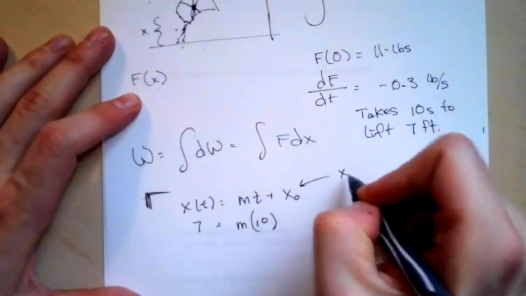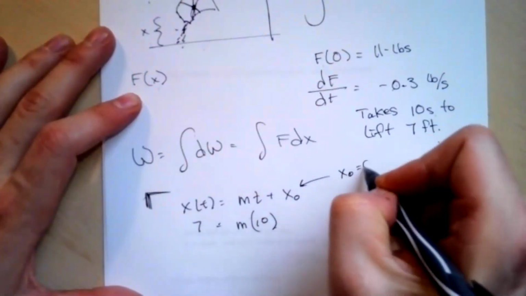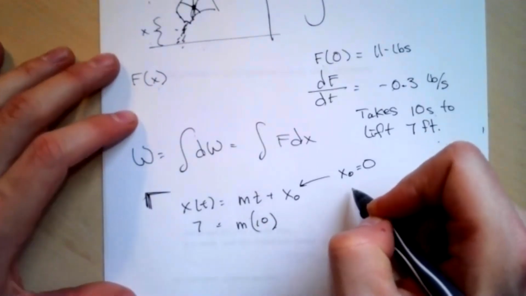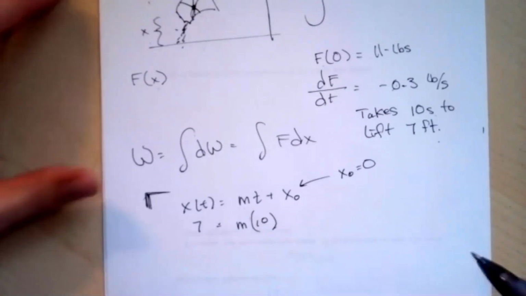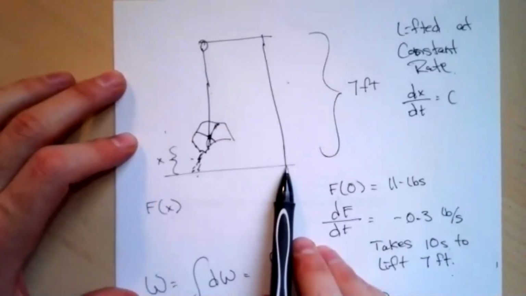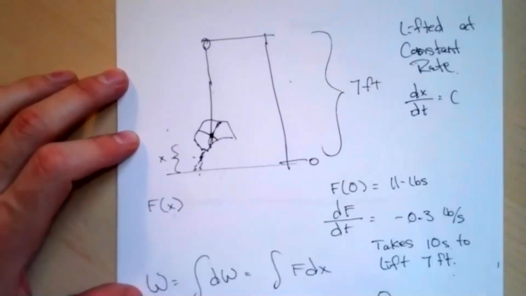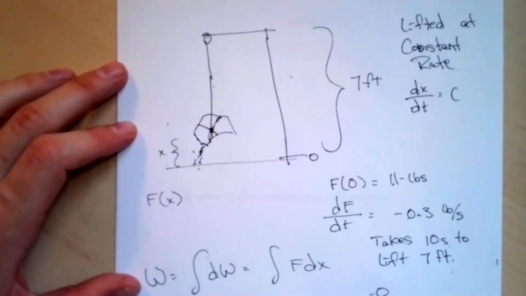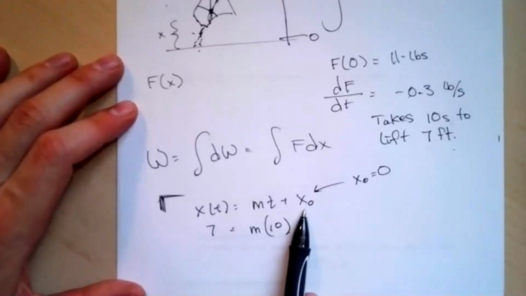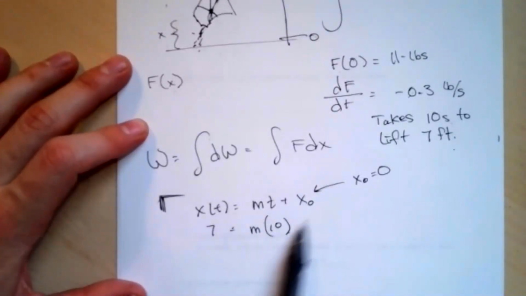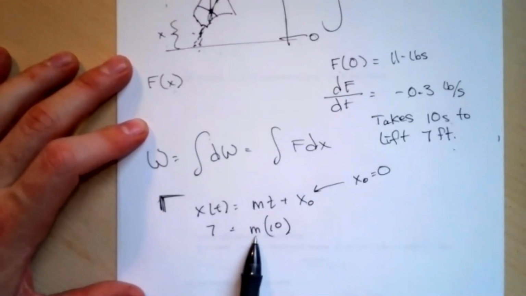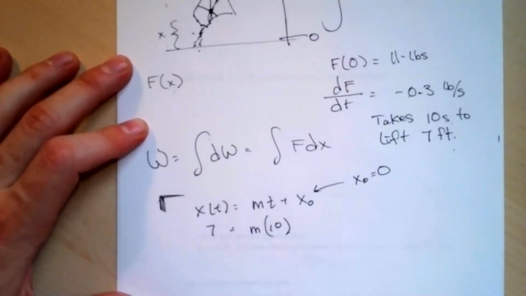We can assume x naught is 0, since it doesn't tell us a reference point, but it says we are lifting 7 feet. So wherever we begin that 7 feet of lift, we can mark as 0 height, which means that our initial height is 0. So at time 0, our height is 0, which means we can solve for the rate of increase.